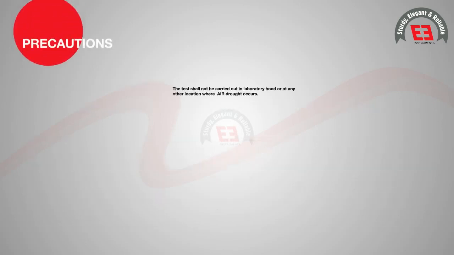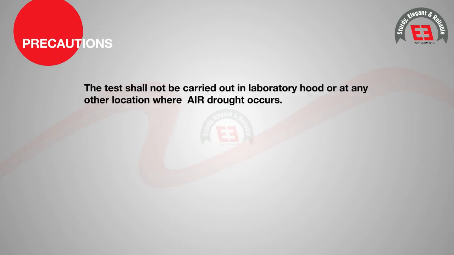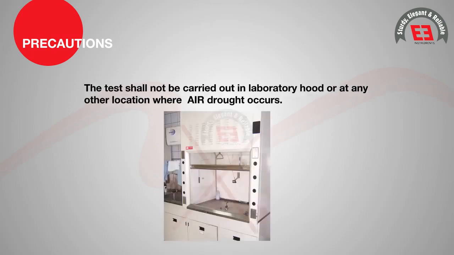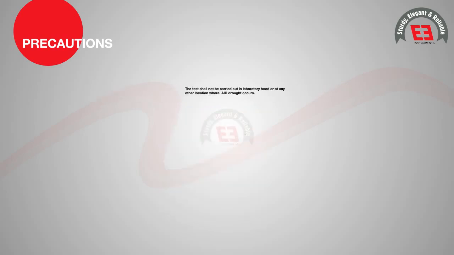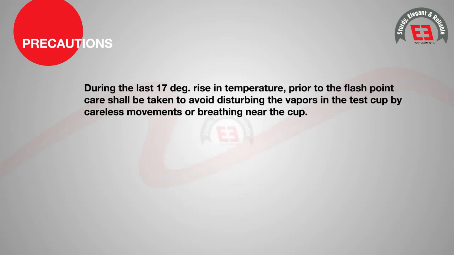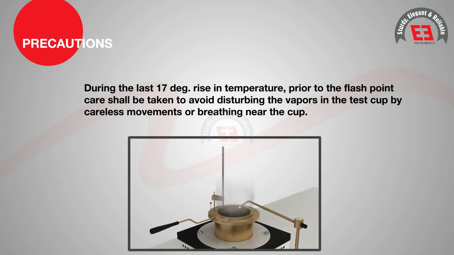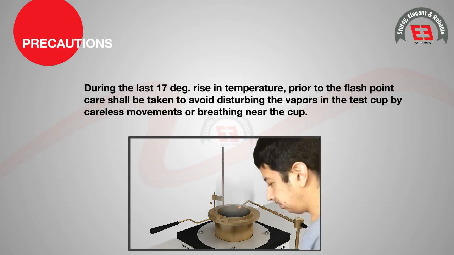Precautions. The test shall not be carried out in laboratory hood or at any other location where air drought occurs. During the last 17-degree rise in temperature prior to the flash point, care shall be taken to avoid disturbing the vapors in the test cup by careless movements or breathing near the cup.